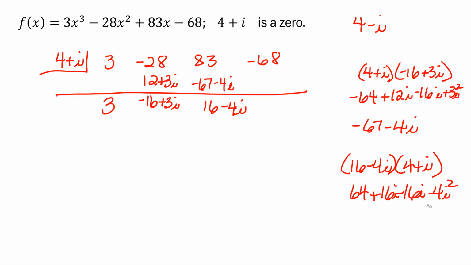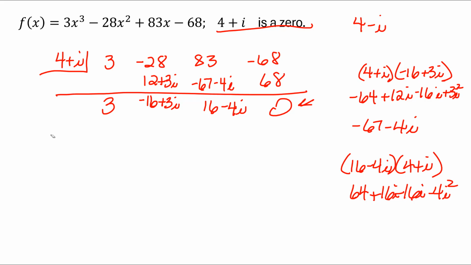So 64 plus 4 is going to be 68, and that's going to be 0, which we knew it would be. We want to make sure that that is 0, because if it isn't 0, we made a mistake. Anything else is not wrong, because they told us 4 plus i is a 0. So it means we made a mistake and we need to go back and fix it.